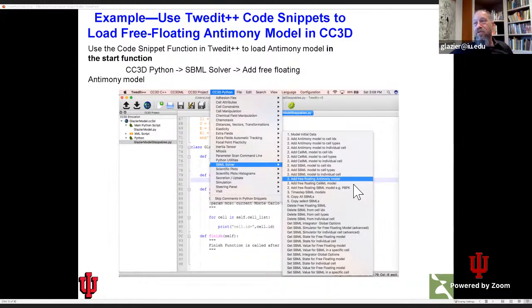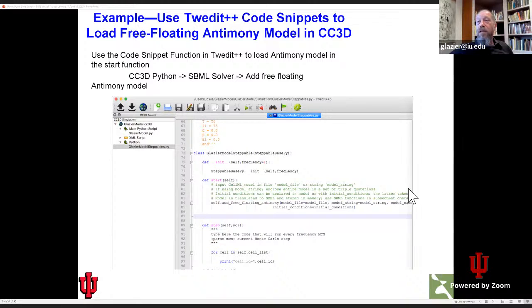You can add them to individual cells, add free-floating ones, time step them, copy individual ones, delete them. And you have options for what the integrators look like and a variety of other possibilities. I've used a lot of these, not all of them. There are a lot of options. For our purposes, we won't need all of them.